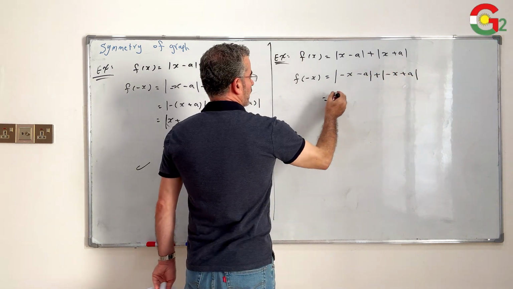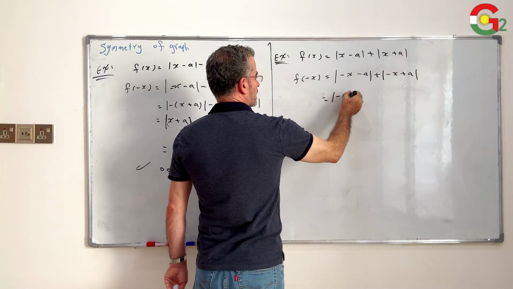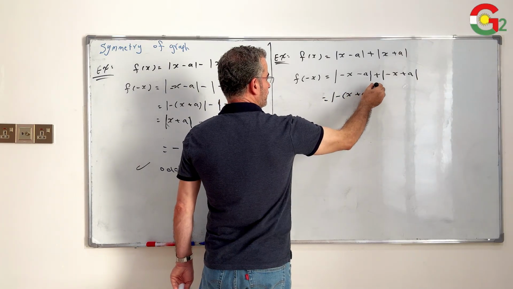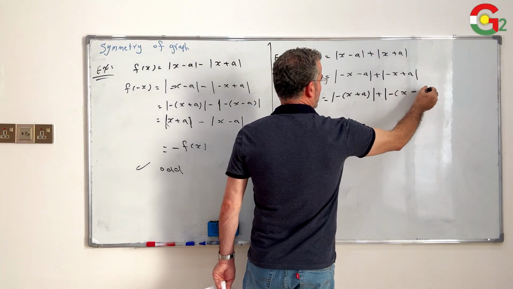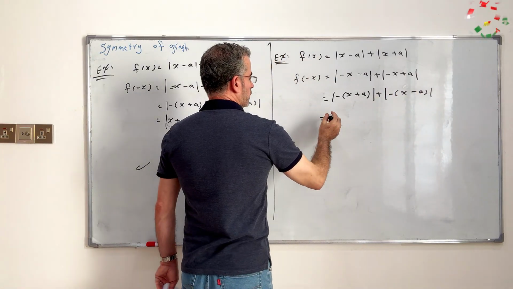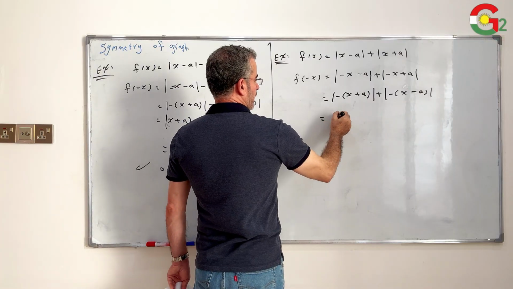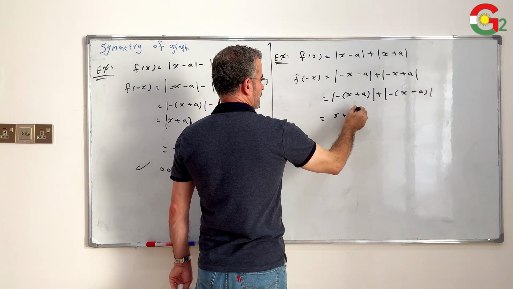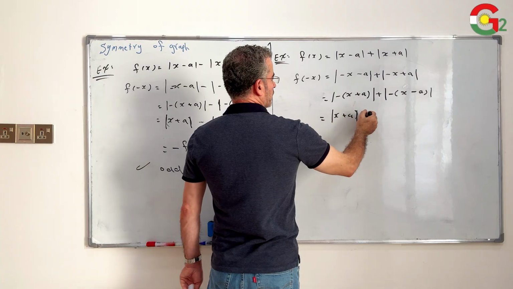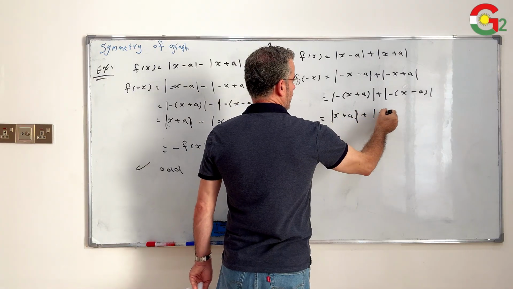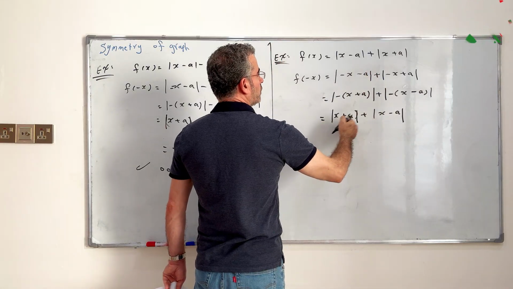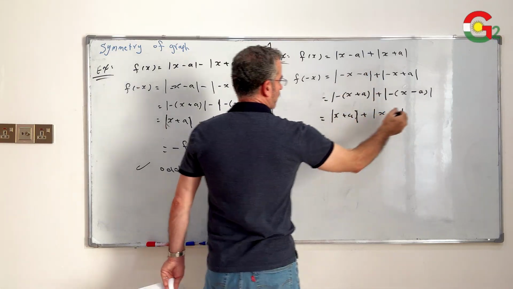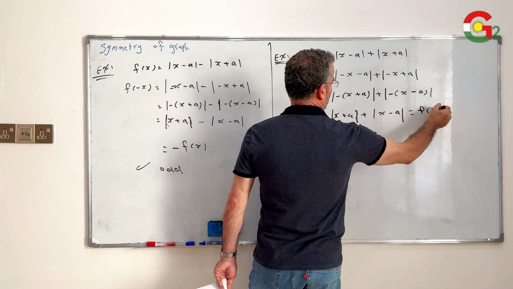Analyzed by minus, it equals absolute value of x plus a plus absolute value of x minus a, which equals f of x.